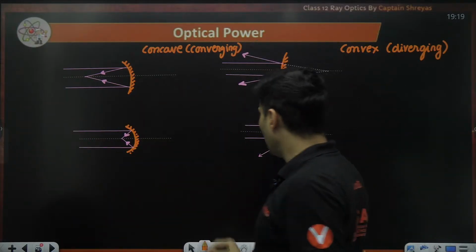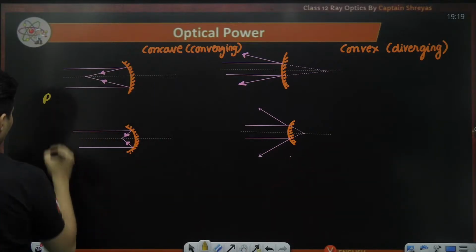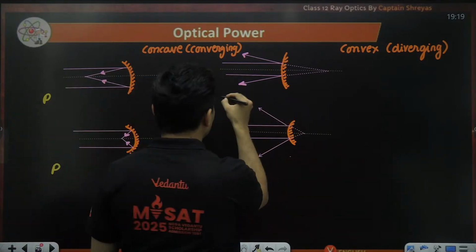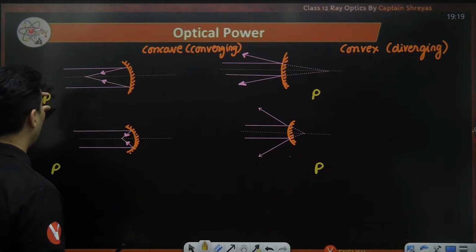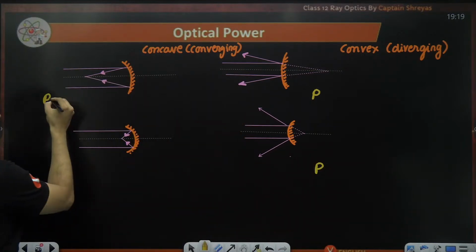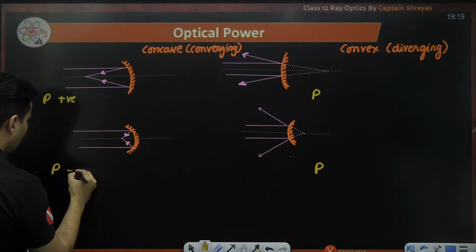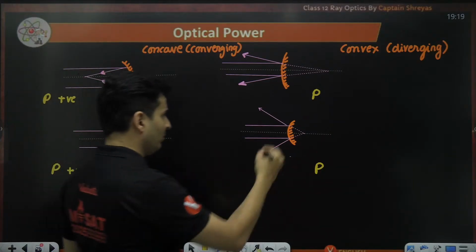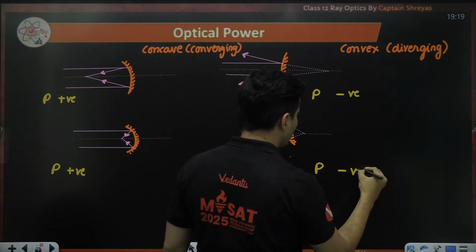Simple. So, if you ask me the power value in all the scenarios, approximately qualitatively, this power will definitely be positive. This will also be positive, but this will definitely be negative, and this also negative.